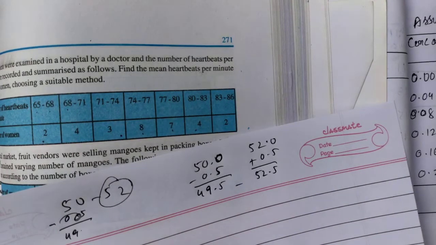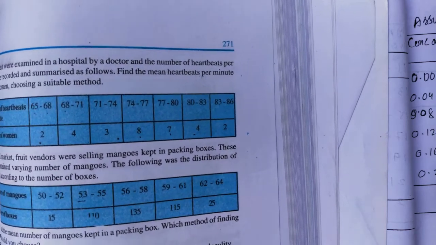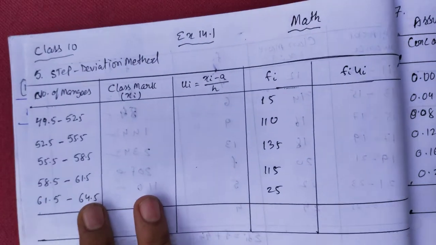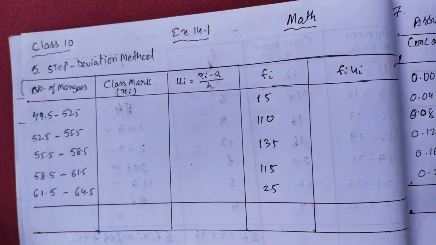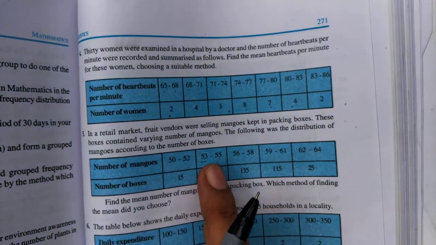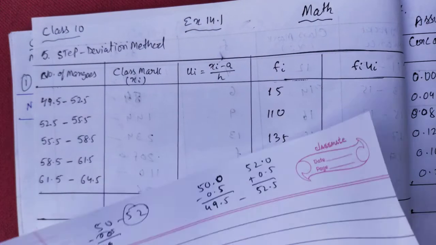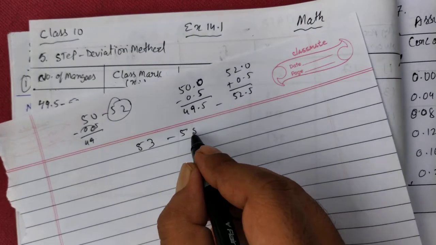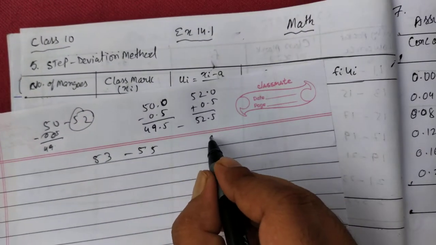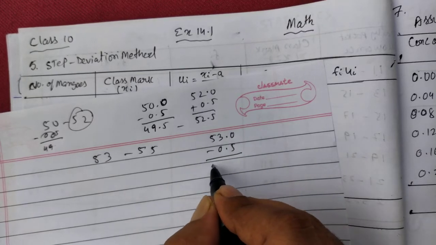So the first interval will be 49.5 to 52.5. Now the second is 53 to 55. Every time you subtract 0.5 on the lower limit, 53 minus 0.5 gives 52.5.